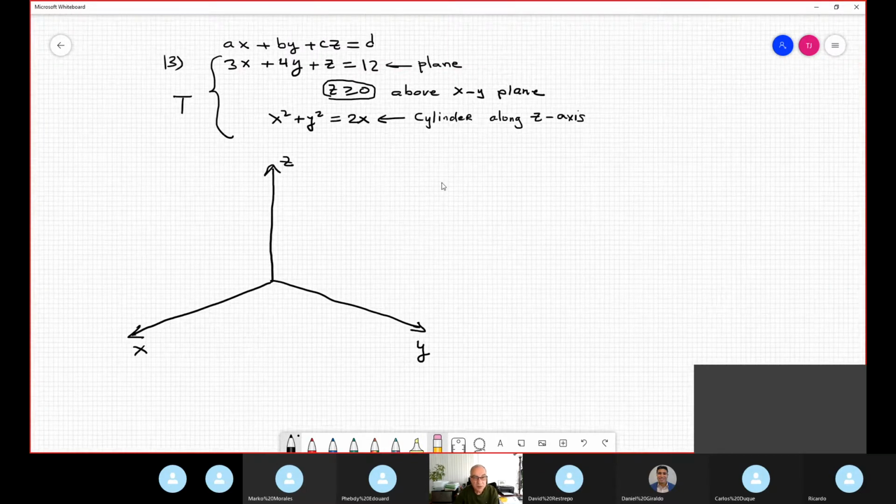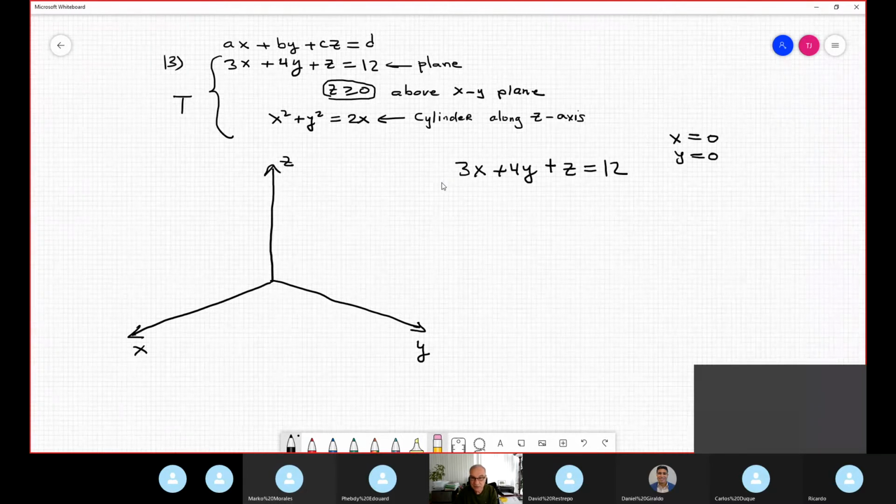Let me copy here: 3x plus 4y plus z equal 12. Suppose x is 0 and y is 0, I try to find the intercept on the axis. z is 12. Then we have the first intercept, the point 0, 0, 12.